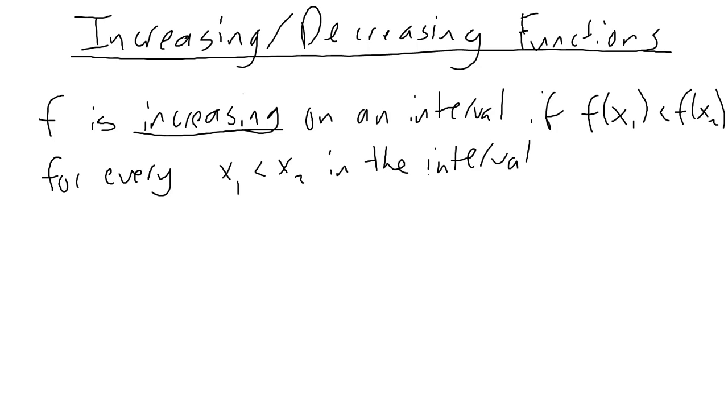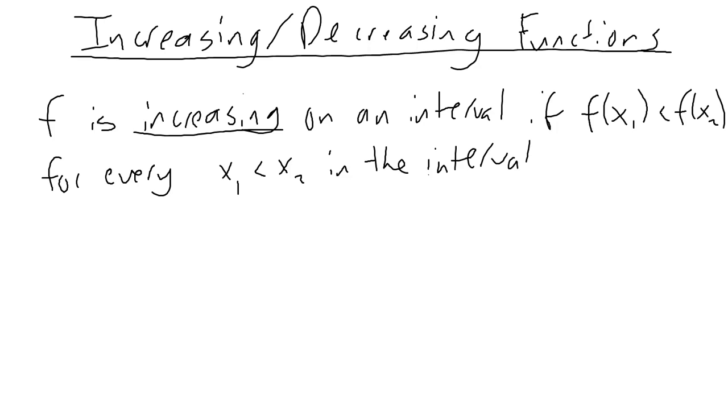So what this is saying is if I have two inputs, the inputs being x1 and x2, and x1 is the smaller input, then the output f of x1 better be smaller than f of x2.